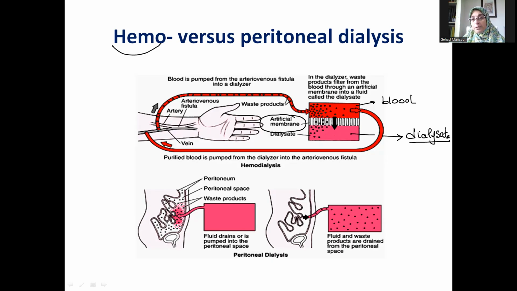It's a simple diffusion process. For example, if the blood of the patient has a high level of urea and the dialysate has no urea, then urea will diffuse from the patient's blood to the dialysate, and the patient will get rid of the surplus urea.